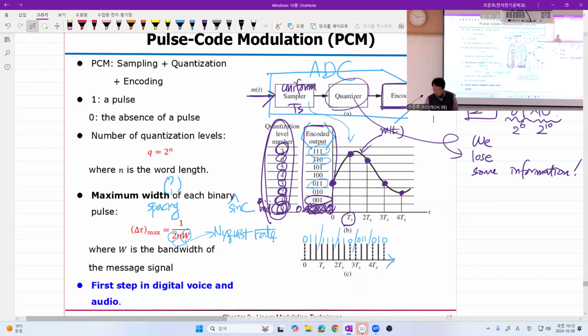Probably this interval is 1/3 of TS, so at every TS over 3, we have a pulse or not. If there is a pulse, it means bit 1. No pulse, 0. So here we have 0, 1, 1: no pulse, pulse, pulse for the first TS. And then we have 1, 1, 1, that's why we have 3 pulses. This method is called pulse code modulation.